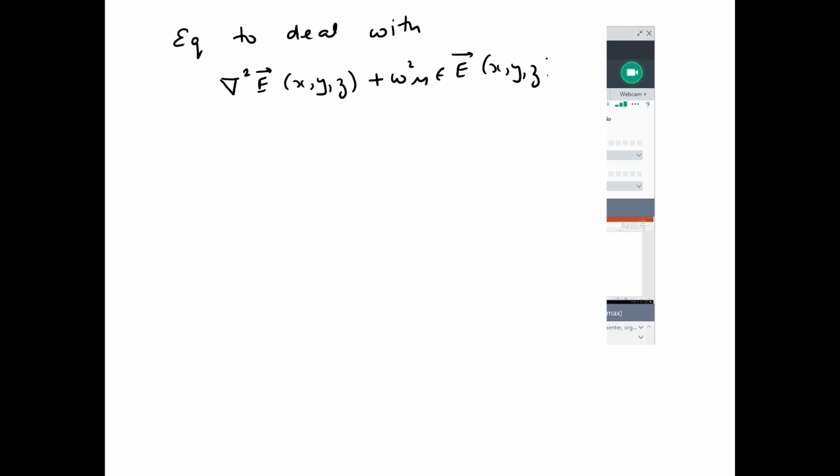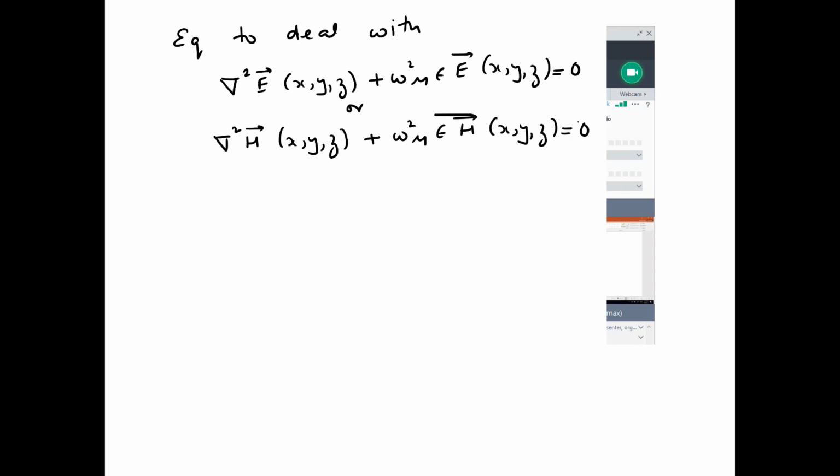Again, the equations we have to deal with are the Helmholtz equation, which is del square E(x,y,z) plus omega square mu epsilon E(x,y,z) is equal to 0, or an equation which is del square H(x,y,z) plus omega square mu epsilon H(x,y,z) is equal to 0.